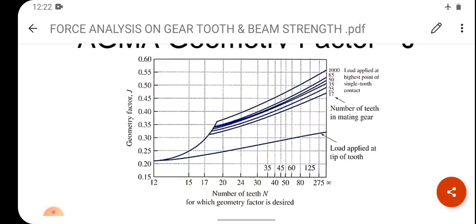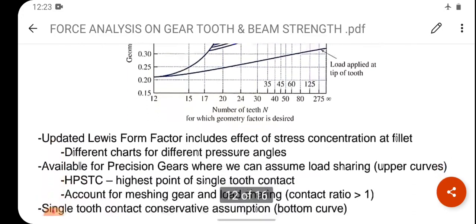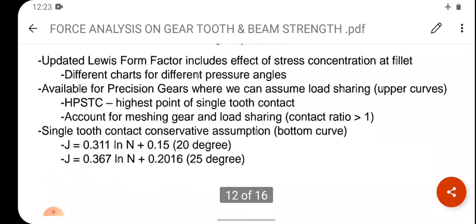The last graph at the bottom, straight line, is load applied on the tip of the tooth. So geometry factor J on the y axis, number of teeth n on the x axis. From this graph you can find number of teeth, and on the top right corner, that is load applied at highest point of single tooth contact, कितना लोड उस पर लग रहा. क्लियर?